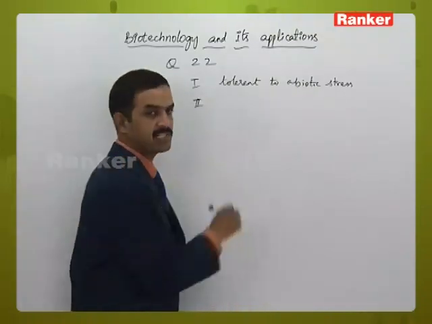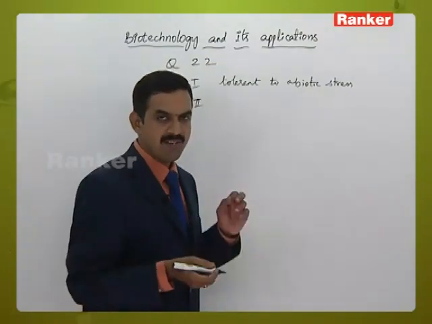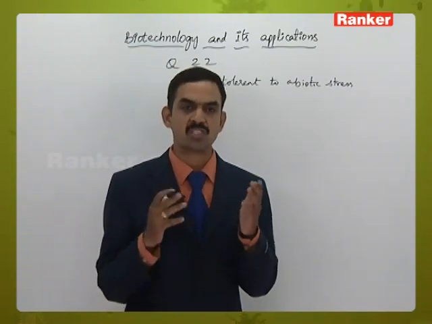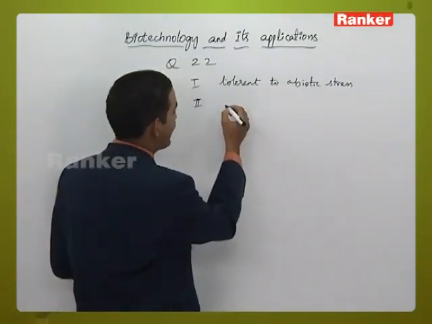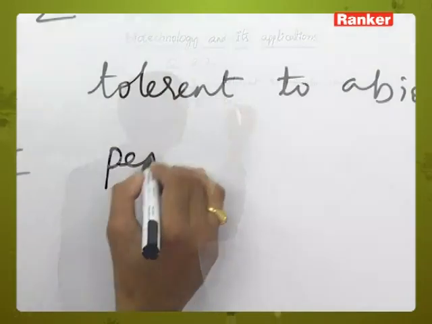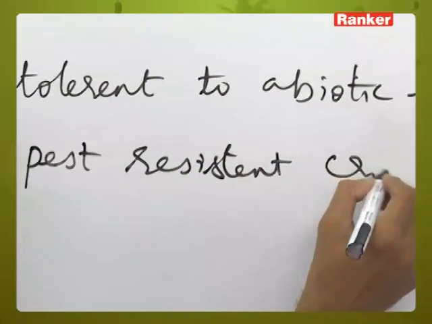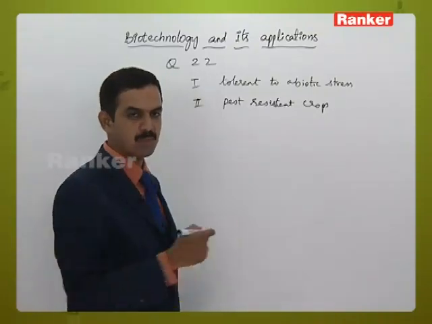Then the second one is developing pest resistant crops. We have already studied that Bt cotton plants are produced which have resistance to insects or pests, using Bacillus thuringiensis. So pest resistant crops are also being produced by genetic engineering; GM plants have that property.